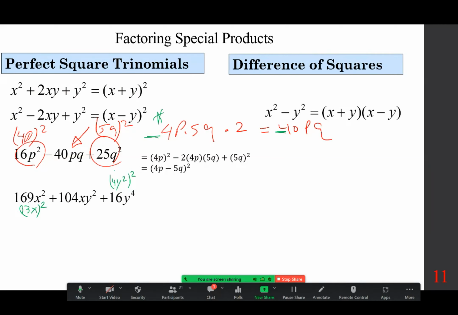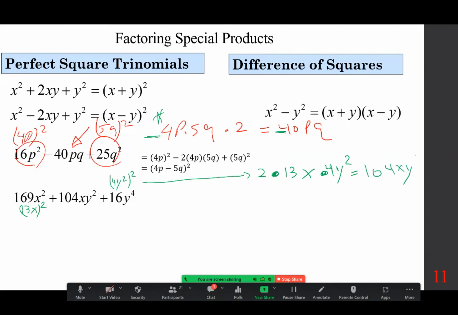If I multiply these two and multiply it by 2, let's see what happens. I get 104xy squared. And because this is a positive sign, I'm going to use this one. x plus y quantity squared, that means 13x plus 4y squared quantity squared.